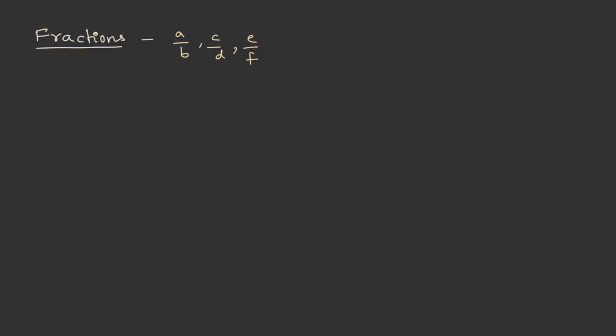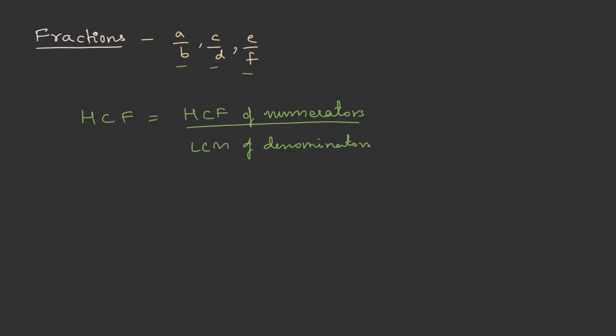Suppose we have three fractions, a by b, c by d and e by f. When we have fractions, the method to find the HCF is the HCF of the numerators by the LCM of the denominators. So in this case it will be the HCF of ACE divided by the LCM of BDF.